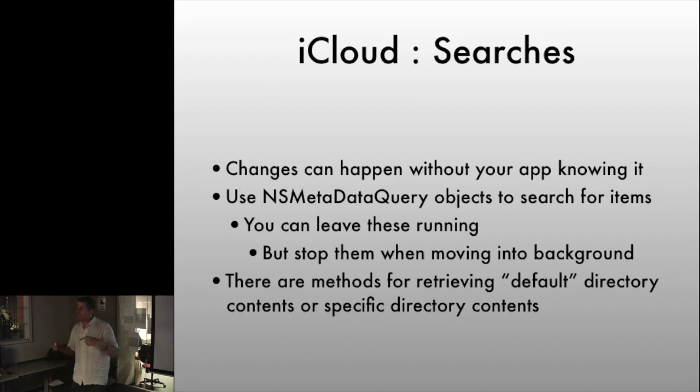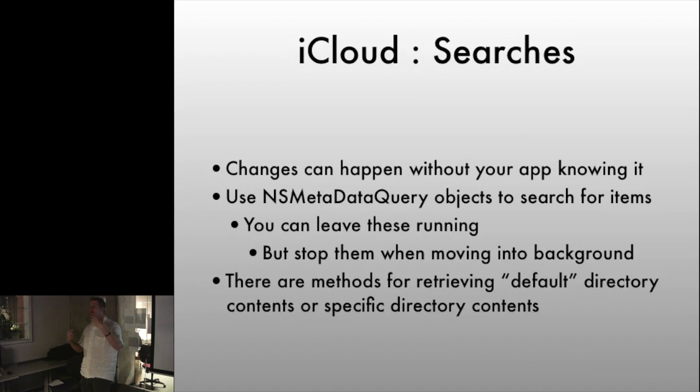There's also methods for retrieving a default container. When you set up your application and you set up your container, you can say, all right, I want the default files and folders that are associated with my application, or you can say, I want this other specific container. Now we start seeing the usefulness of having multiple containers, because you may want to organize things separately according to a device or according to an application.